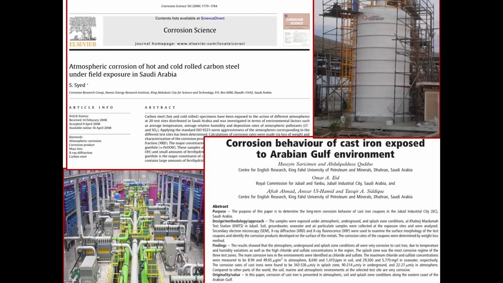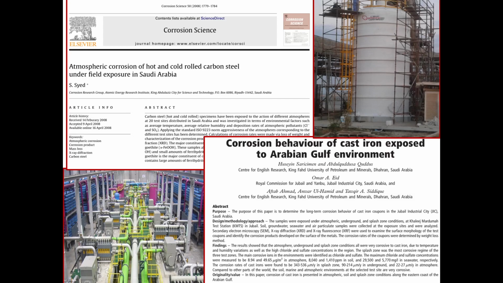In Saudi Arabia, as I told you, there are a lot of industrial setups, which face a lot of problems from the start of these industrial units. Corrosion problems are happening over there.